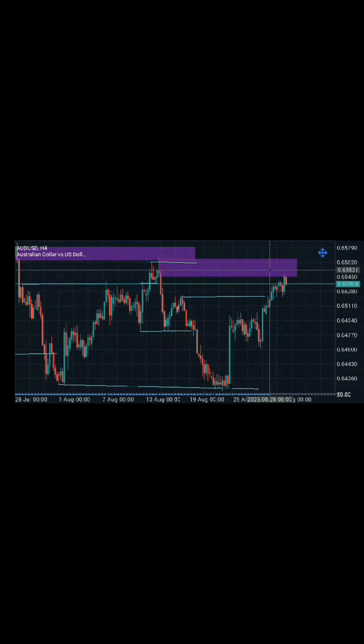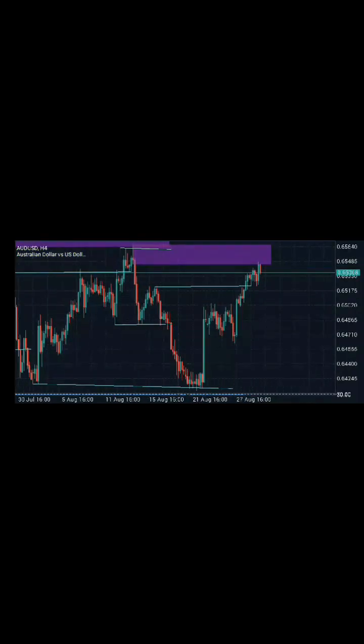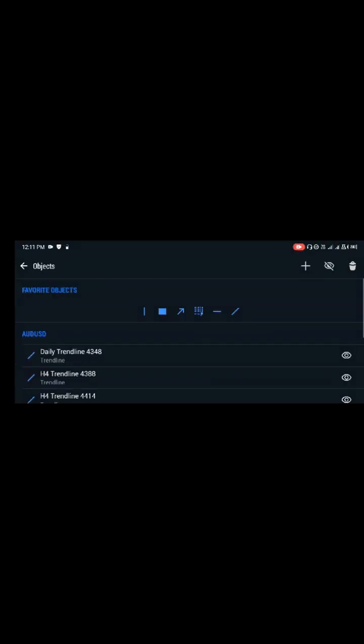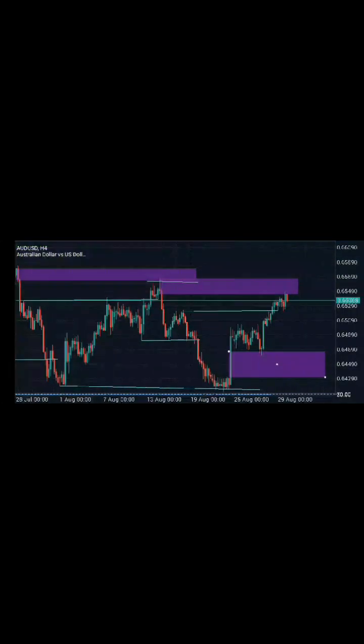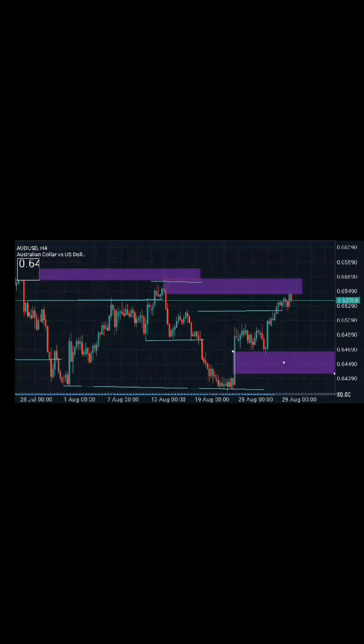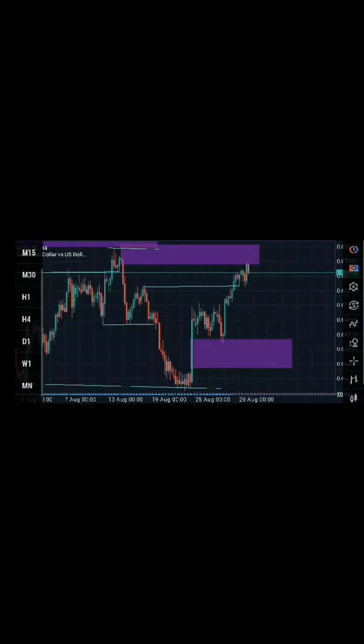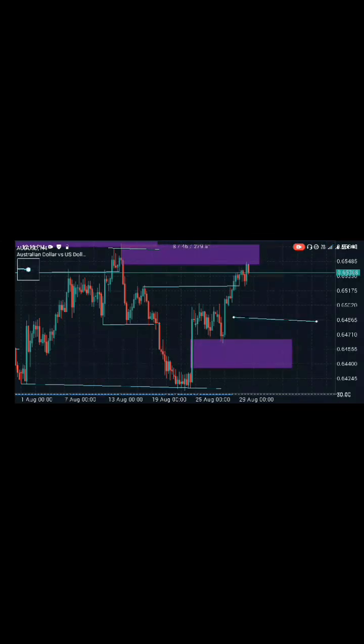So from my aspect, I'm seeing that price may decide to react from here and plummet to the downside to fill this imbalance here, and also clear out this sell side liquidity resting below that low.